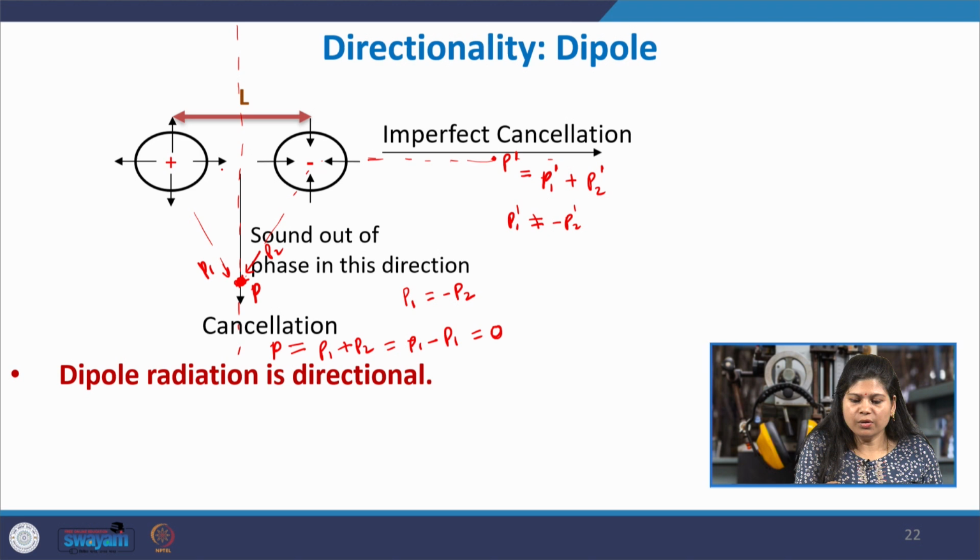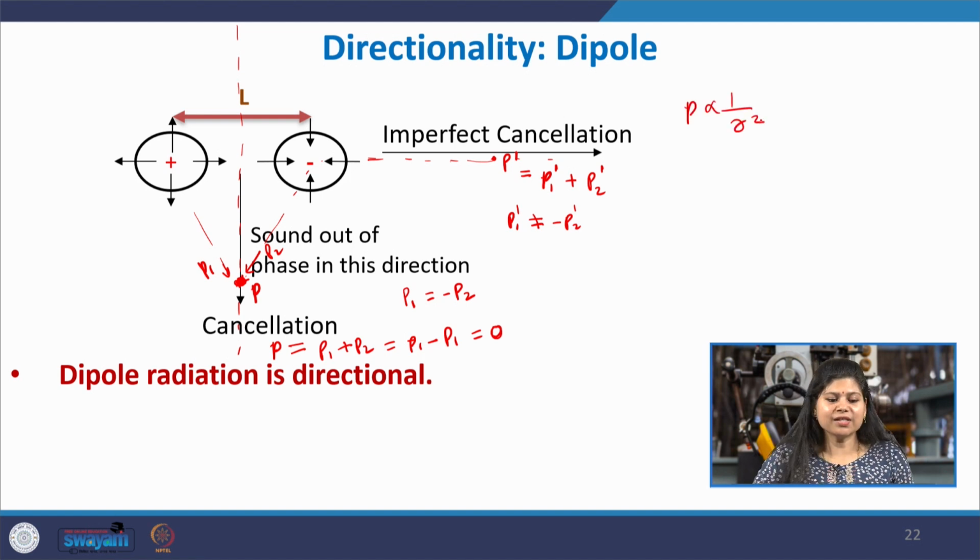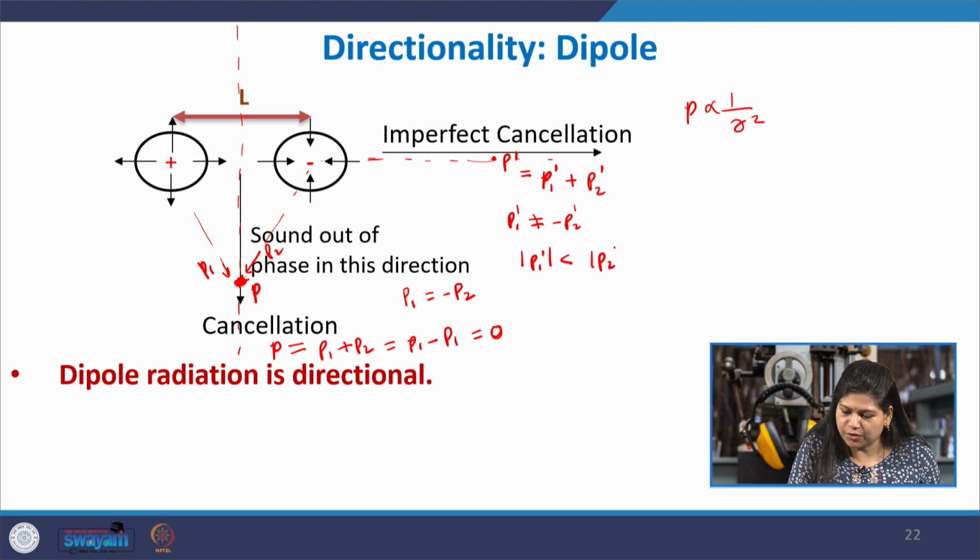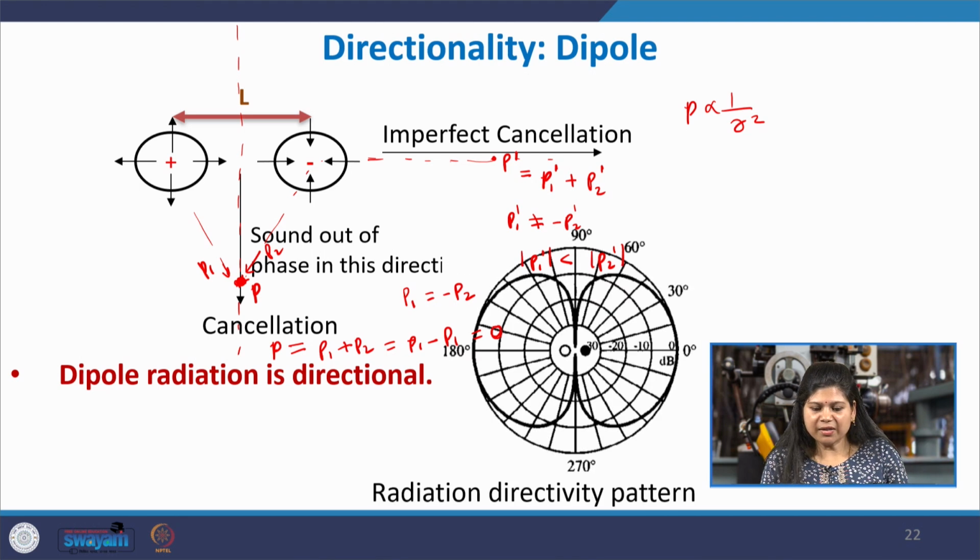The waves coming from the first monopole are travelling a higher distance, and the waves coming from the second monopole are covering a smaller distance, and the pressure is inversely proportional to the distance being covered. So, in this case the mod of P1 dash would be smaller than the mod of P2 dash. So, imperfect cancellation happens. Ultimately this is the type of radiation pattern that you get.